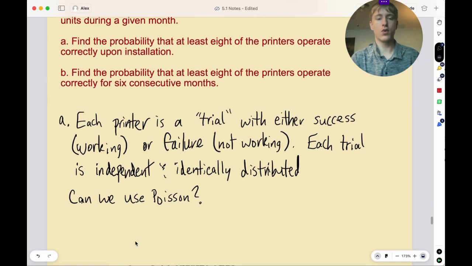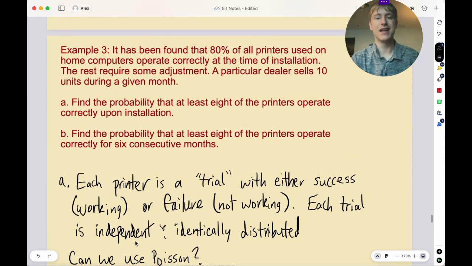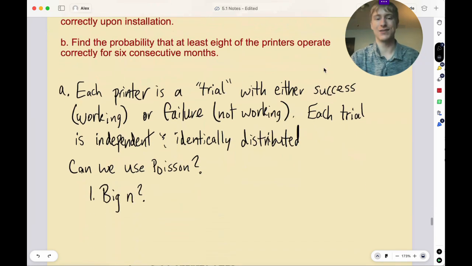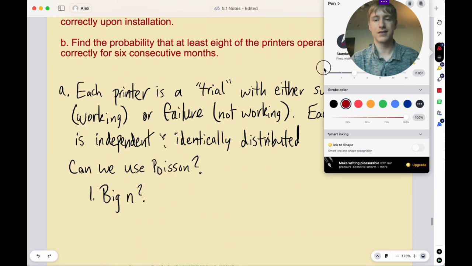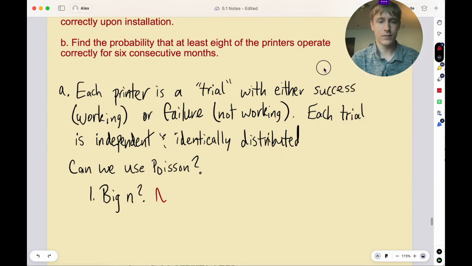Okay, so remember, in order to use Poisson, the first question that you need to ask yourselves is, do we have a big sample size? Do we have a large number of trials being conducted? Well, the dealer is selling 10 of the units in a month. That is not a lot of sample size, so we're gonna say no on that. Definitely not. And what was the other condition?